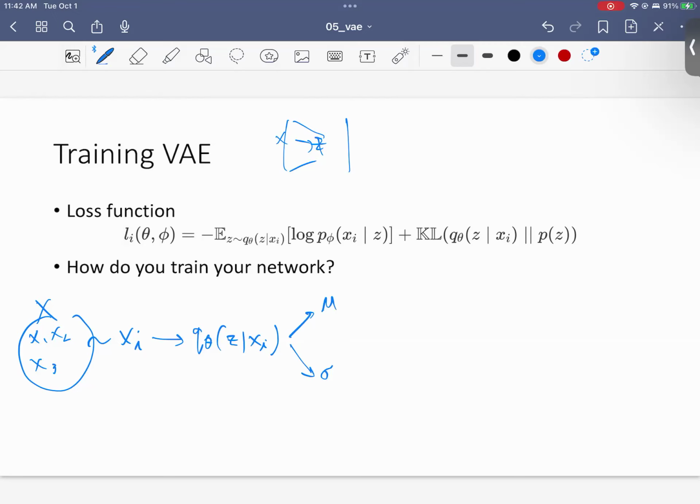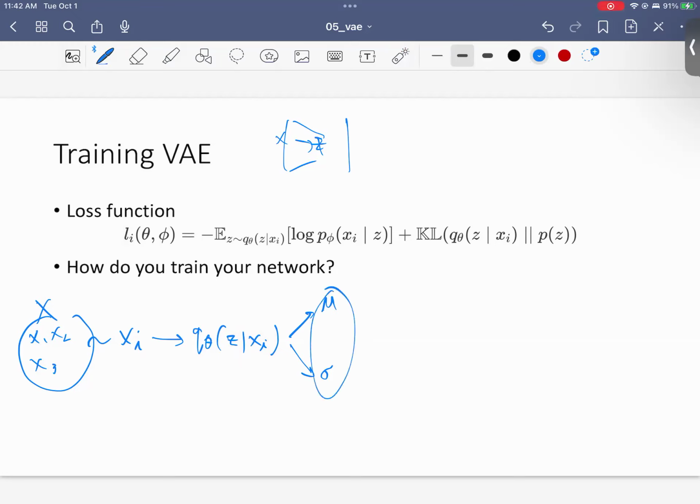The encoder doesn't give you the latent variable z directly, but instead generates a mu and sigma specific to this example.